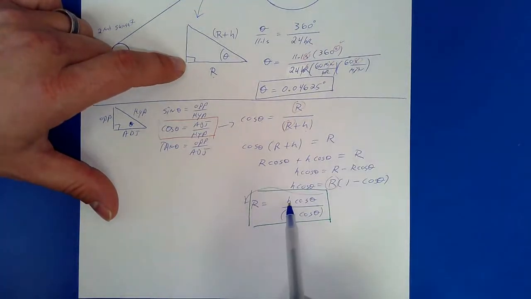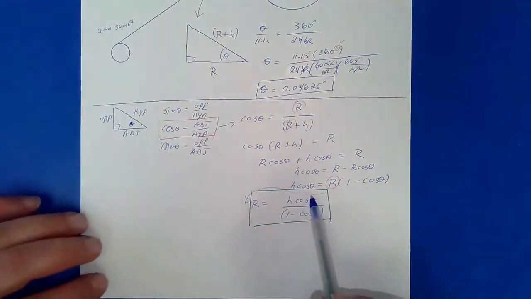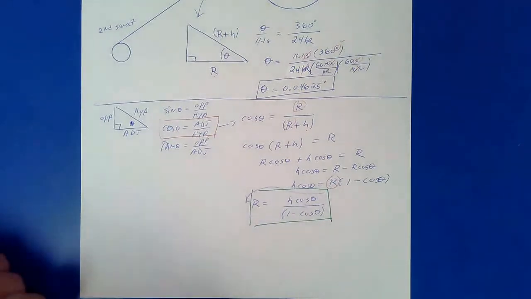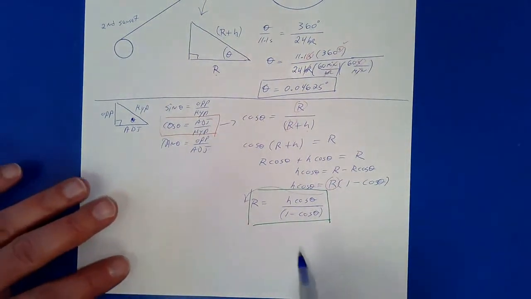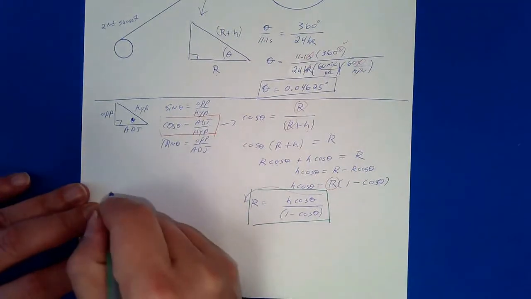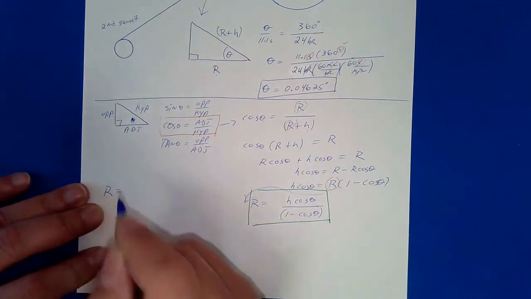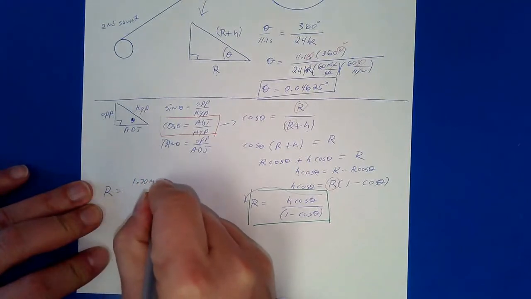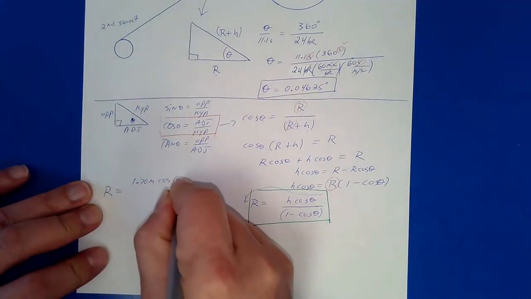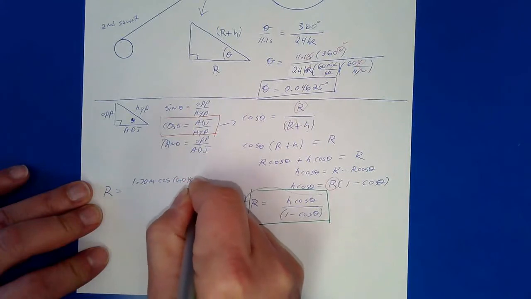So I have a number times a number divided by parentheses 1 minus a number. So I have all numbers over here. I can finally solve for r. Now I'm just going to plug in the numbers to show you the work. 1.70 meters times the cosine of 0.04625 degrees.